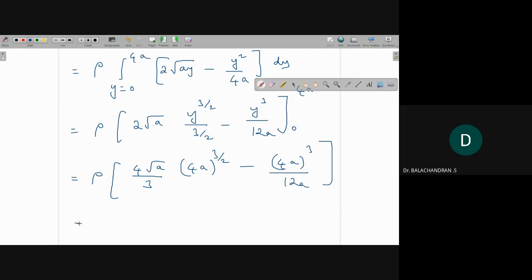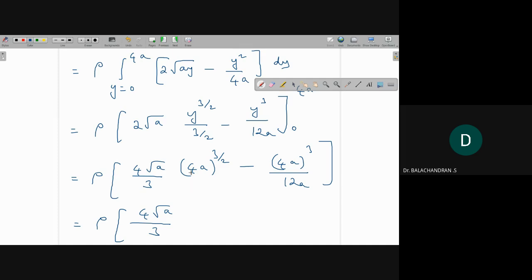So this is equal to rho 16a square by 3, that is m. M is equal to rho 16a square by 3, sir. Yes. So rho equals 3m by 16a square. Correct, very good.